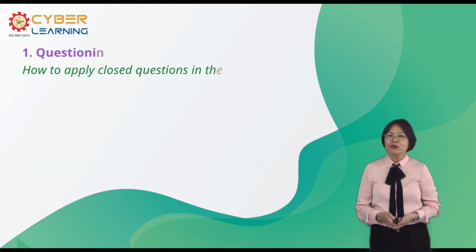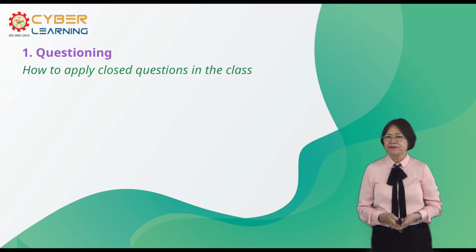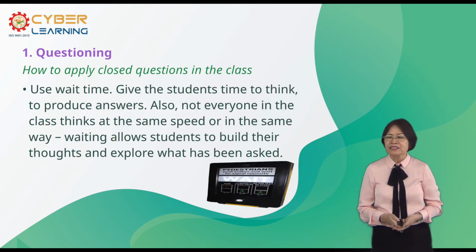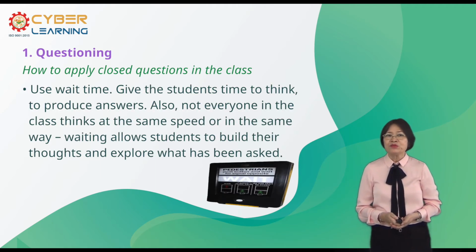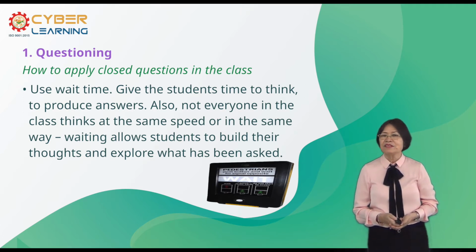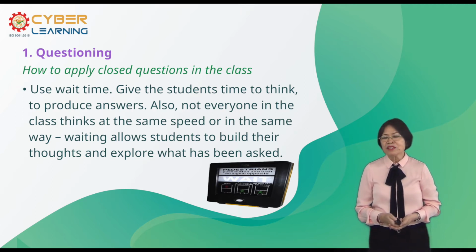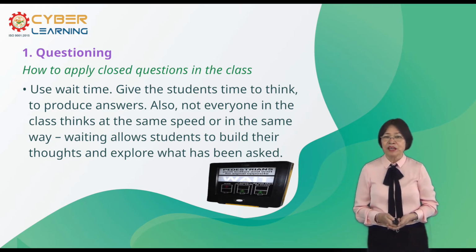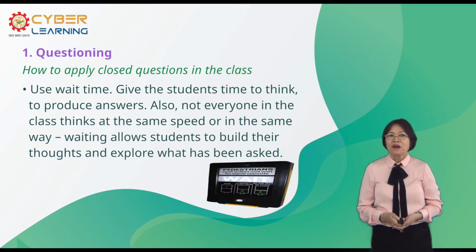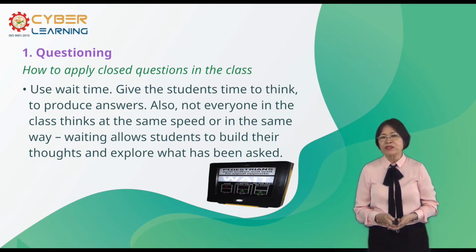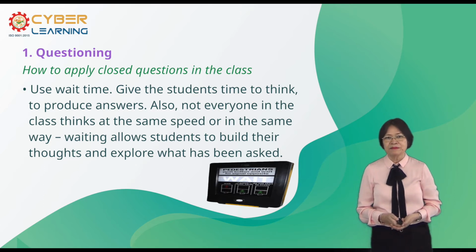How to apply closed questions in the class? Use wait time. Give students time to think, to produce answers. Not everyone in the class thinks at the same speed or in the same way. Waiting allows students to build their thoughts and explore what has been asked.